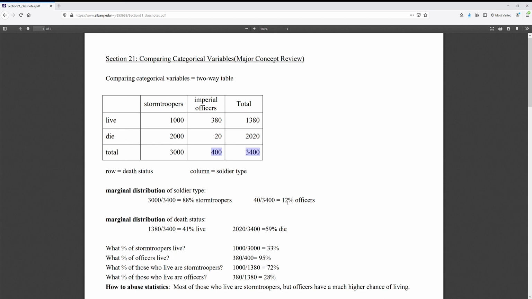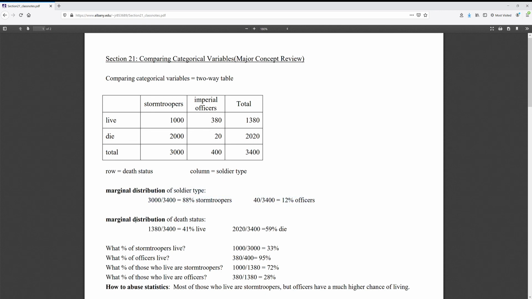Off the top of my head and without checking, I don't remember whether those have been rounded or not. They probably have. Yeah, 0.88235 something. So slightly rounded, but call it 0.88 proportion, 88% stormtroopers. Call it 0.12 proportion, 12% officers. So the marginal distribution of soldier type.